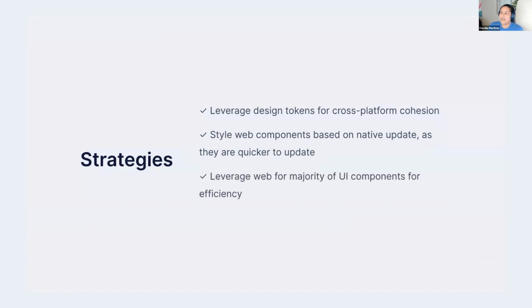And then you may also decide that going forward you would rather leverage web micro front ends for the majority of your UI components for efficiency. So you may decide that instead of having a component in the native application, just leveraging web in as many different places as possible so that you can reuse that rather than having UI components live across platforms.